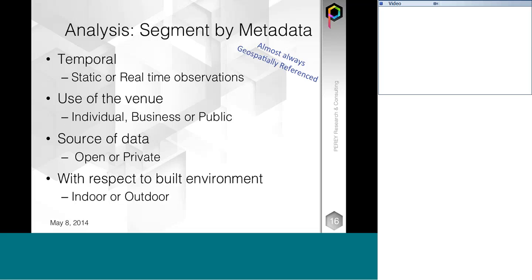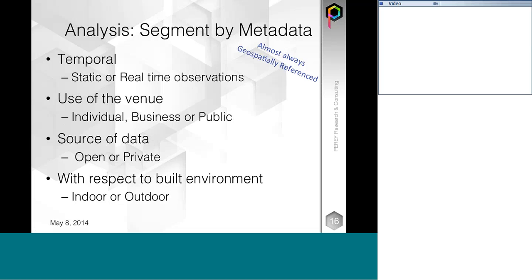We also have to be looking at the segmentation. There's so much information out there, so we have to be able to speak about it in categories. We try to use metadata to help us categorize it. Most of it has a longitude and latitude, so we can say that it is geospatially referenced, but a lot of it also has a timestamp associated.